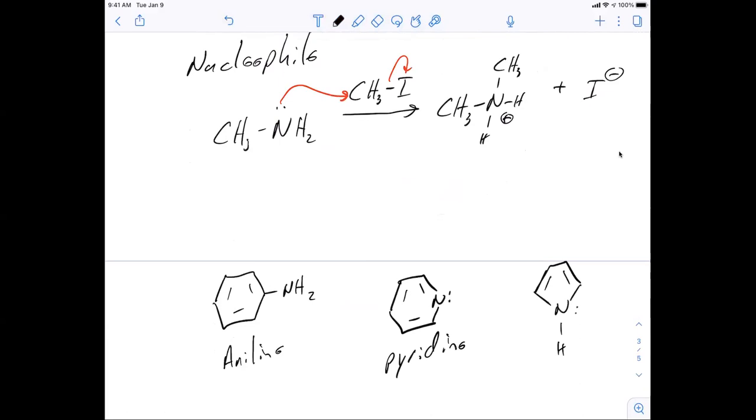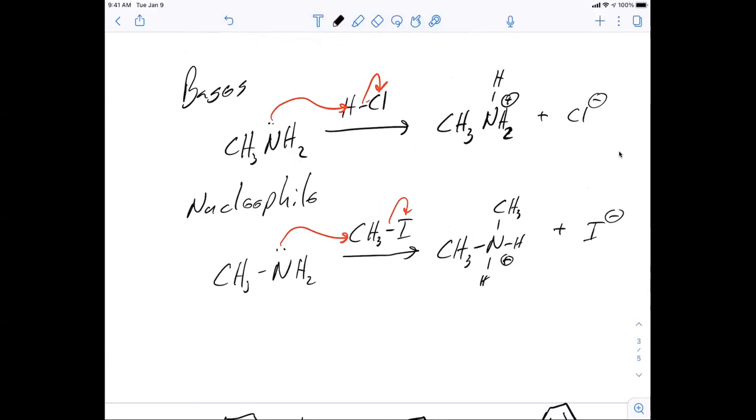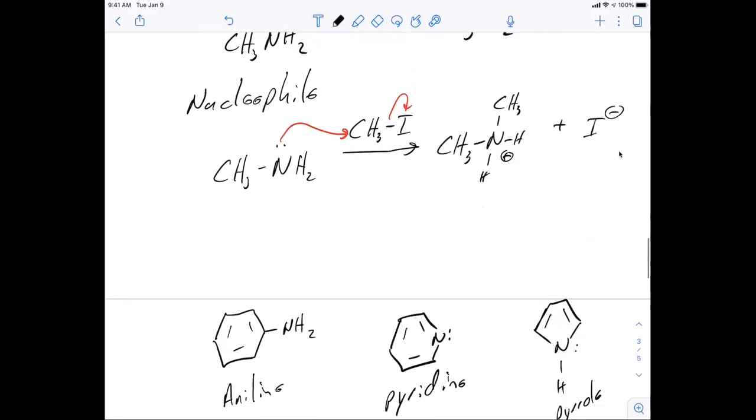And then we have the pyrrole. And you'll see pyridine and pyrrole processes in different biological systems. Okay. So base and nucleophile is what we're going to be reacting with most often.